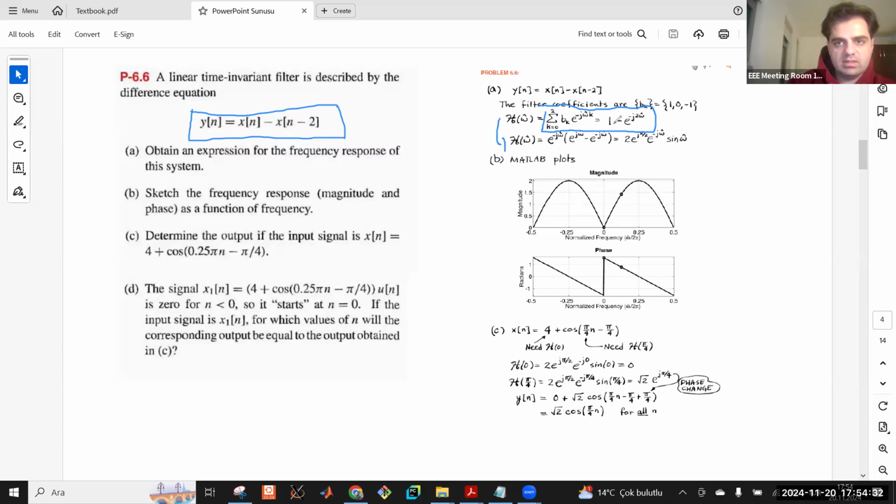We take e to the minus j omega out of the parentheses, and using the terms inside the parentheses, we use Euler's formula, and it becomes 2j sine omega. Here j is equal to e to j pi over 2.